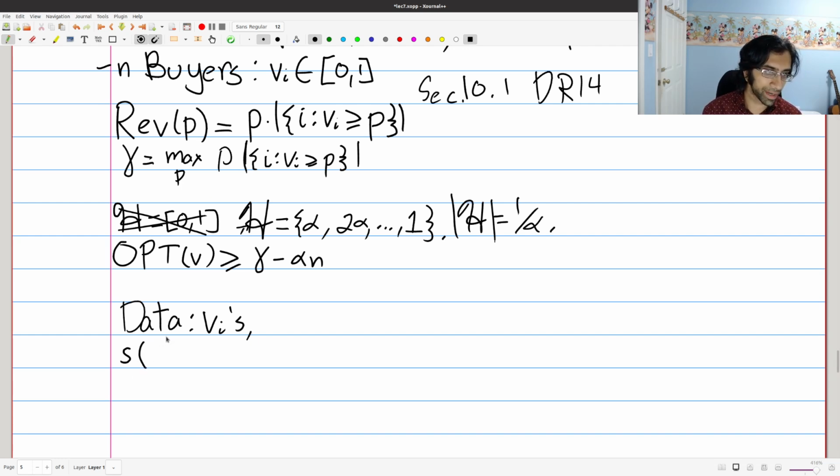So let me write it in the familiar form that we've written. The score in the data set is the values, and the objects are the prices, p's. And so we let this be equal to the revenue: P times the number of individuals who have value greater than or equal to P.